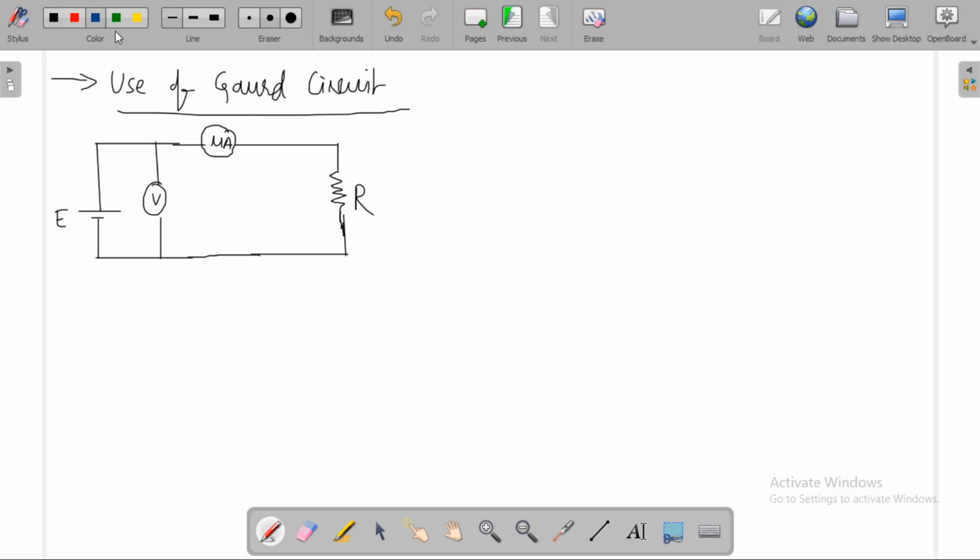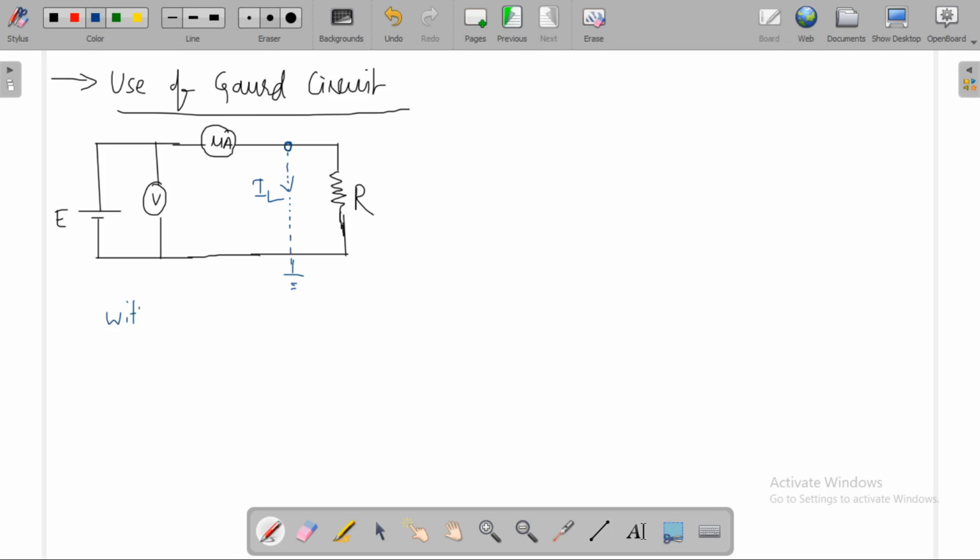Without using the guard terminal, this is the resistance terminal. The current flowing through this will be the leakage current IL. Without using the guard terminal, the circuit looks like this.